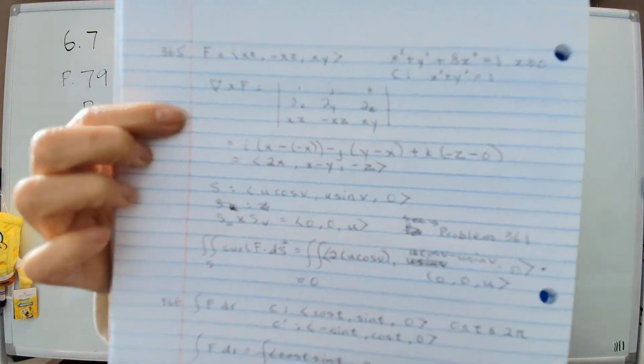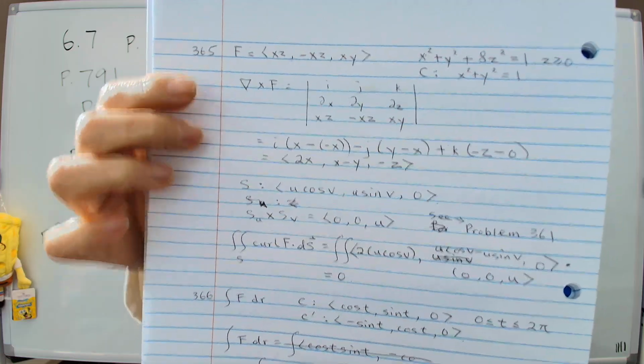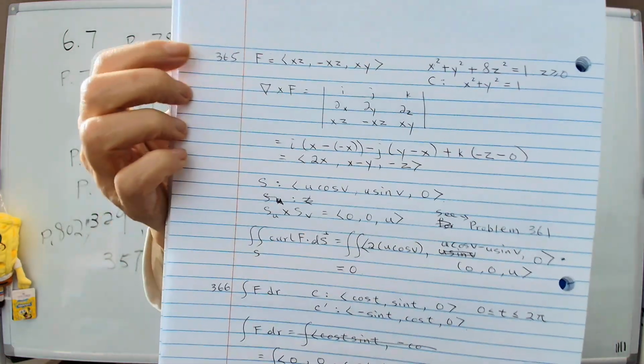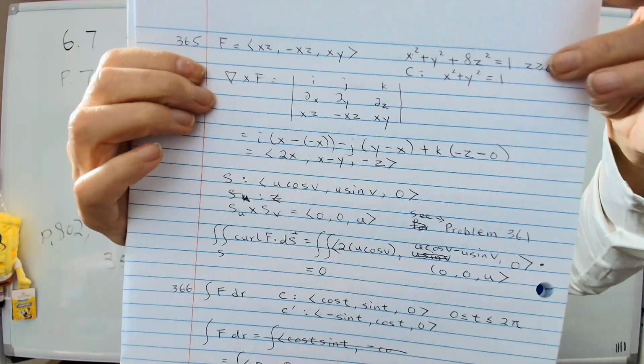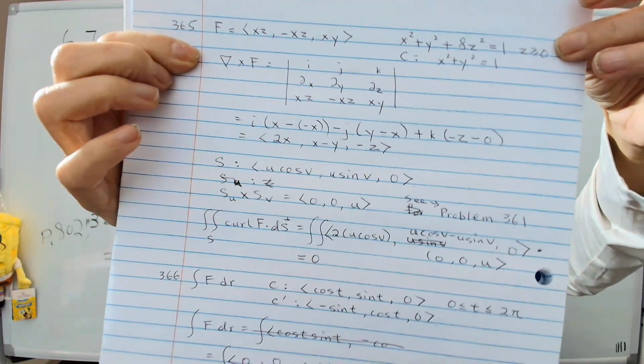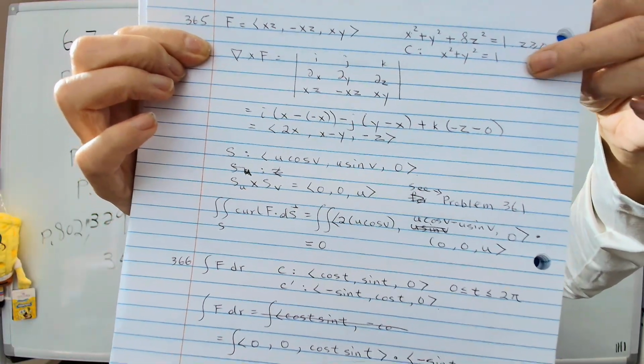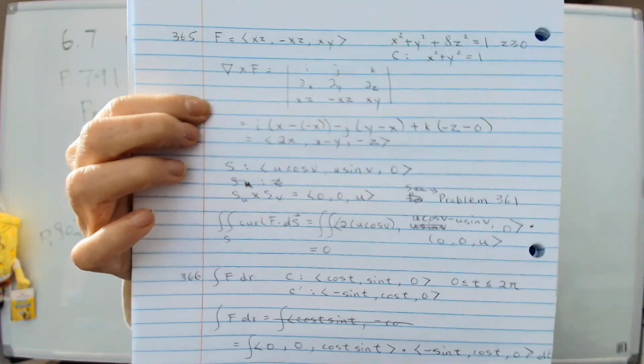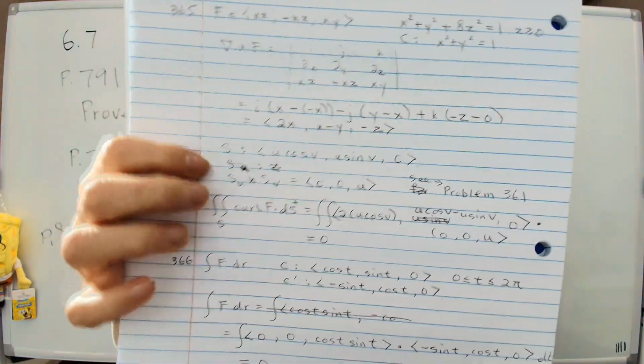And that's 365. We have the sphere, which is not a sphere, it's an ellipsoid or something, this thing up here. However, it intersects the ground as a circle, so that's good. We're going to do curl F, and we're forced to do this, I think.